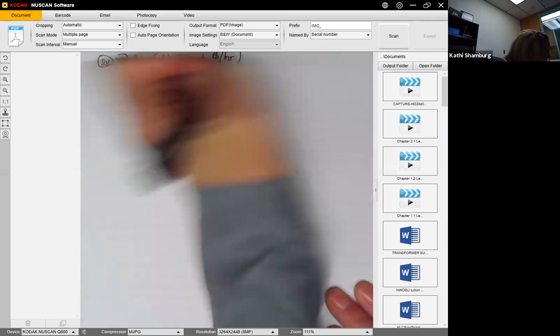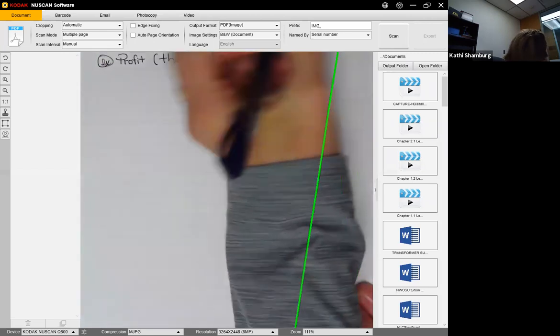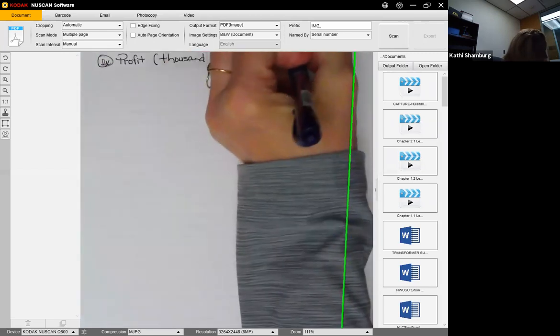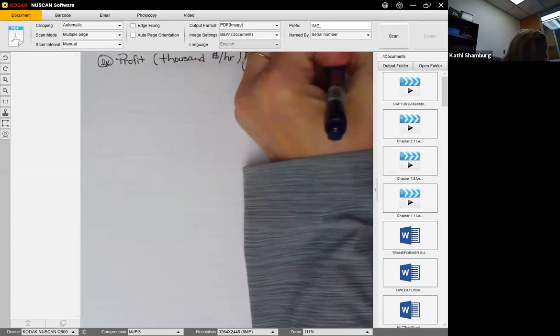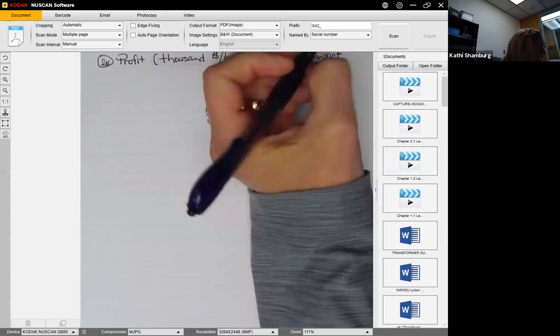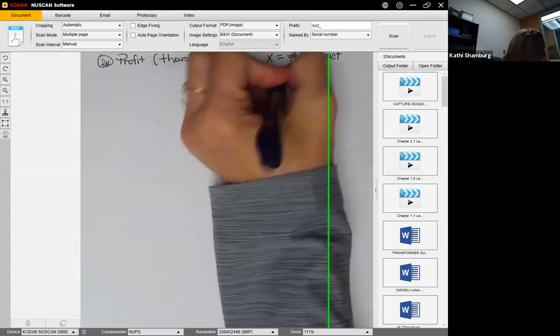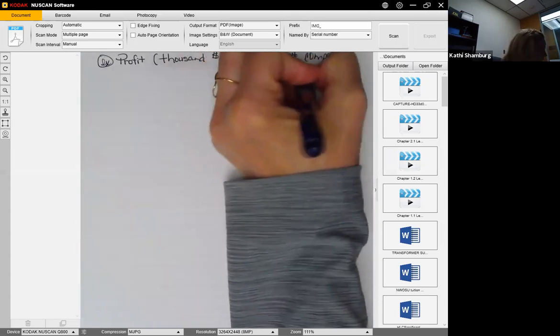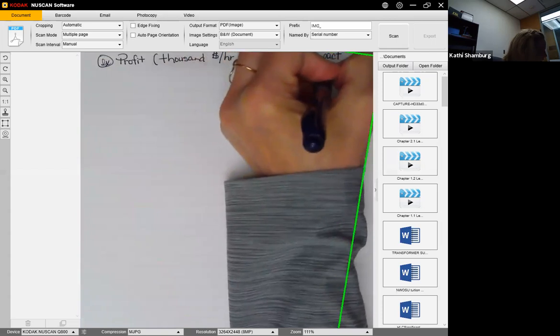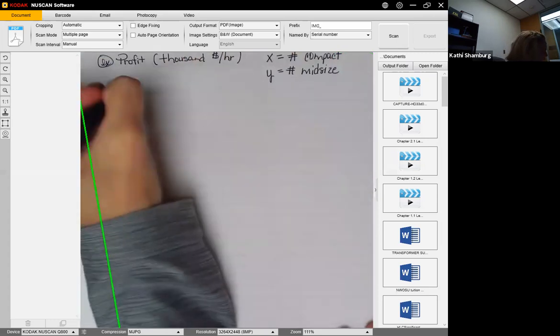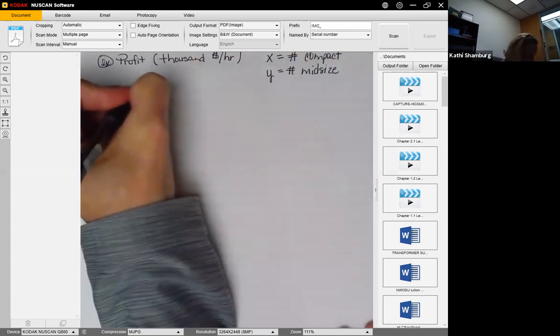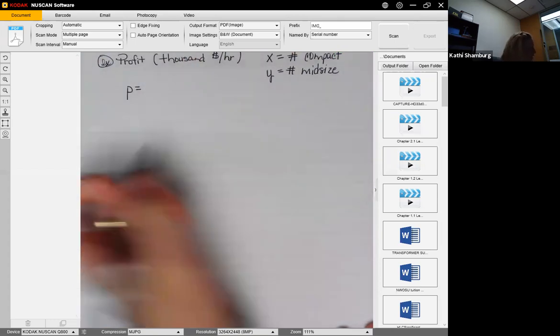So we're going to let X be our number of compact cars made per hour and Y be the number of midsize. Okay.